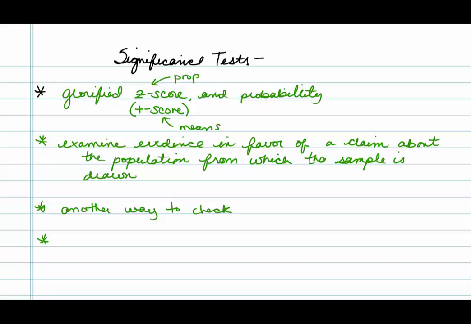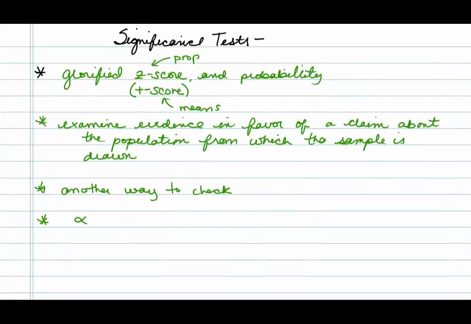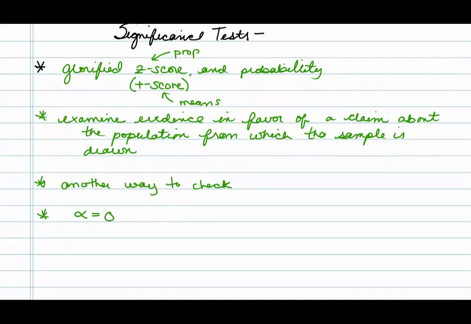And what we're going to be doing is using alpha and testing it around the 5% mark, meaning that if you find that something occurs less than 5% of the time, we're going to say that it's probably not plausible to happen.